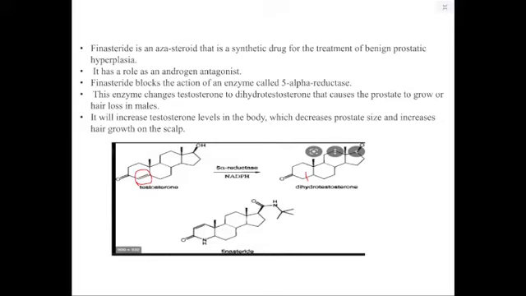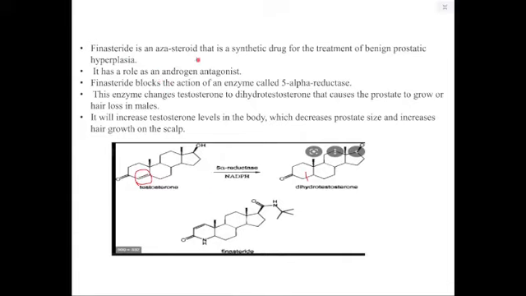So we are saying when you give finasteride, it will help in shrinking the volume of the swollen prostate, and therefore relieve the blockade of the passage of urine, and therefore help the person in terms of relieving the symptoms.